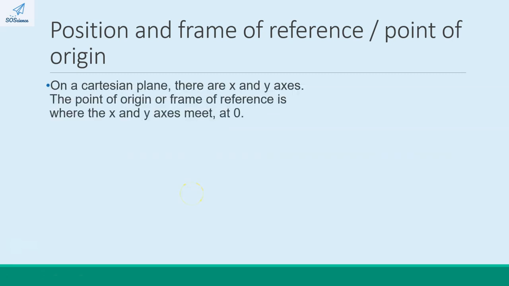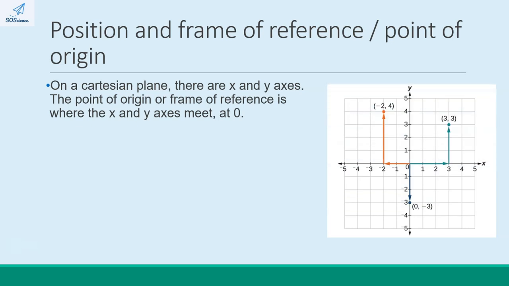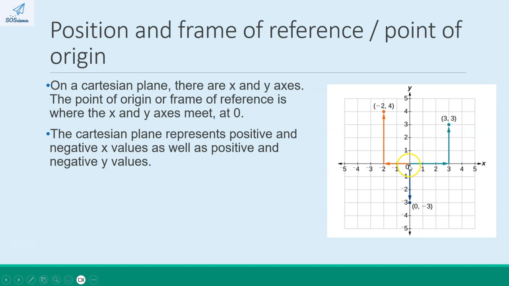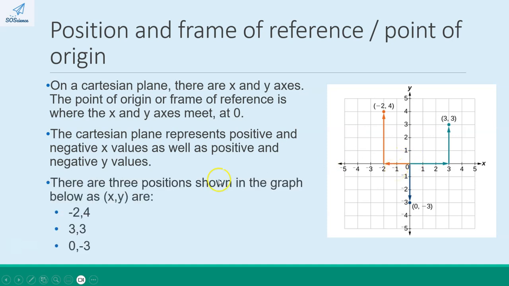On a Cartesian plane, we have x and y axes, and we have a point of origin where the two axes meet. Now, on a Cartesian plane, we have positive x values to the right of this 0 point and negative x values to the left of the 0 point. We have positive y values above the 0 point and negative y values below the 0 point.